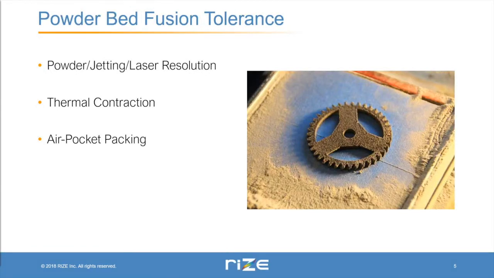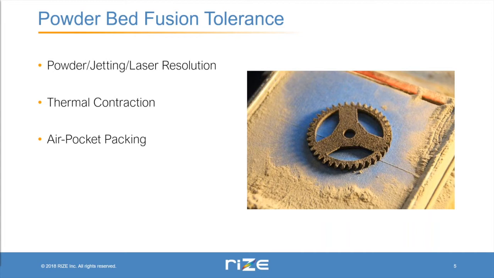So another major type of 3D printing is powder bed fusion. As I mentioned, you can use a whole different variety of materials for this, but always you'll be using a very fine powder and using either a laser to melt and join that powder together, or you'll be jetting a binding agent that acts as a sort of glue to hold it together.